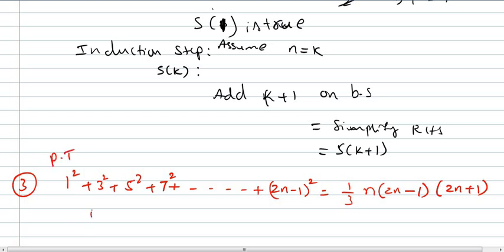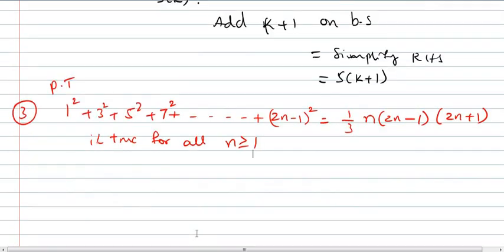Prove by mathematical induction that it is true for all n greater than or equal to 1. This is the question. So S of n is the given statement. You write the equation as we did in the first example.